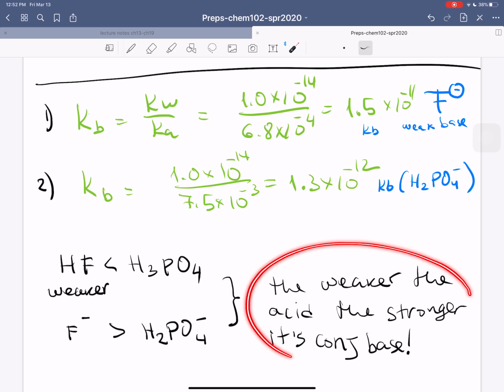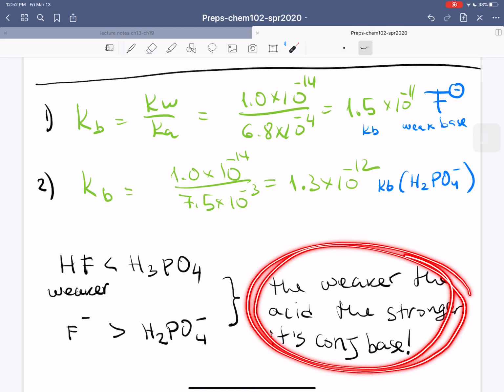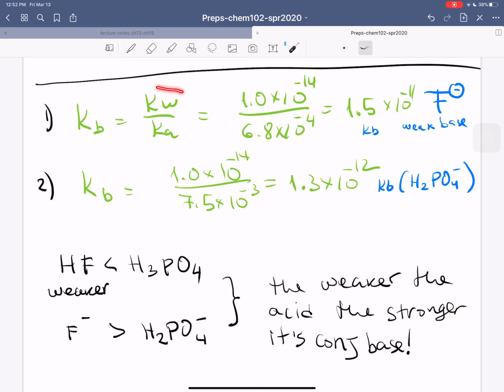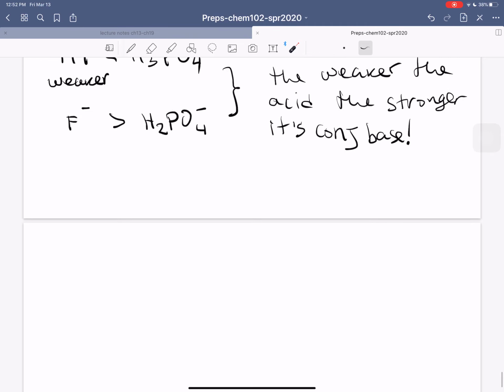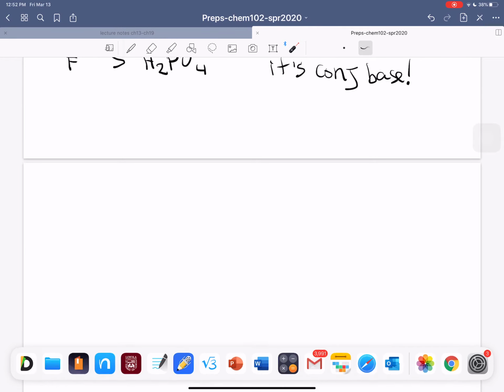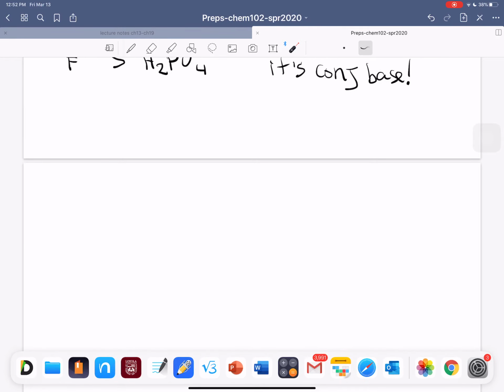This is a very, very important rule that we defined qualitatively, but now we are quantifying this relationship through this expression.